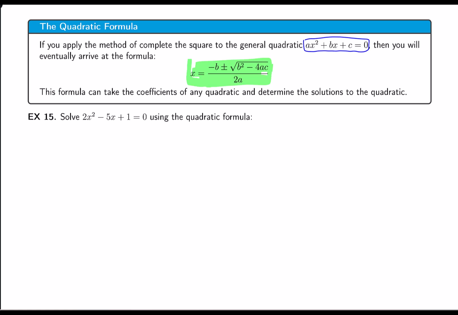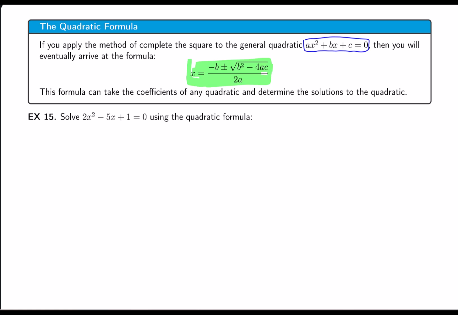So it's sort of just a result of completing the square. Without completing the square, there would be no quadratic formula in the first place. But it's really good to use, especially when this middle term is going to be complicated.